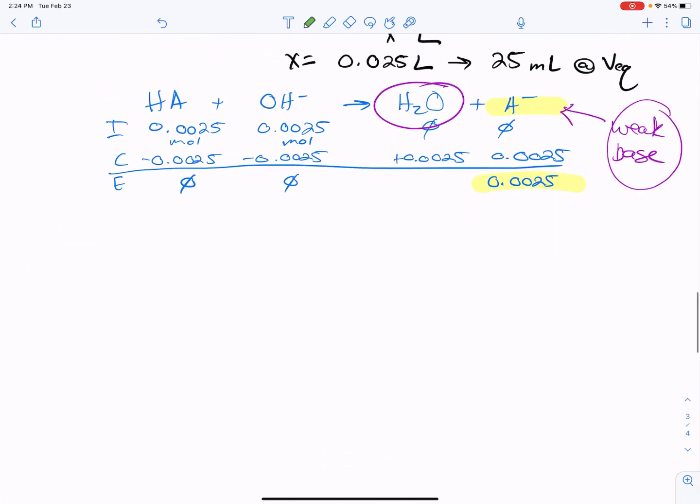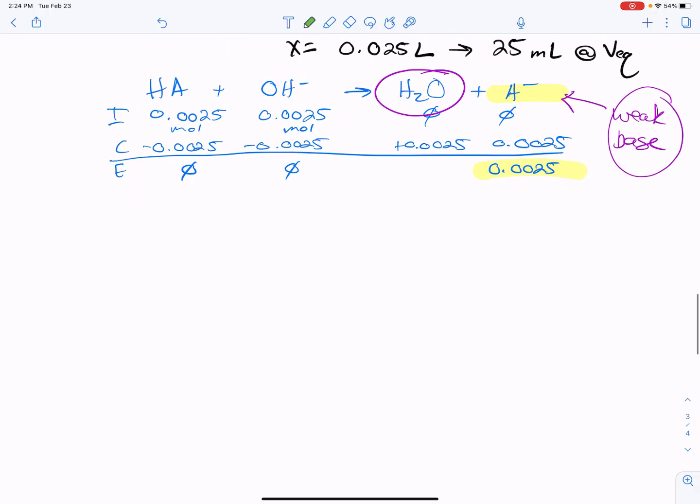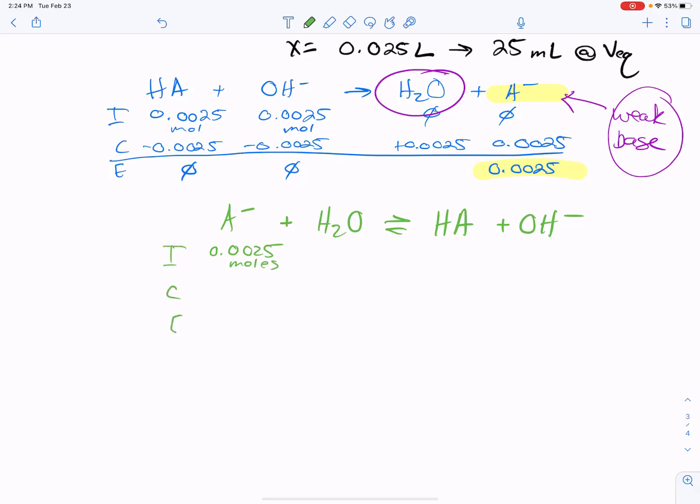We could write out the whole ice table if we wanted, and might as well. Let's go ahead and do that. So we have A minus reacting with water to produce your conjugate acid and hydroxide. And if we started out with 0.0025 moles here of our conjugate, in our ice table we're going to start out with no weak acid and no hydroxide, because none was left behind before.